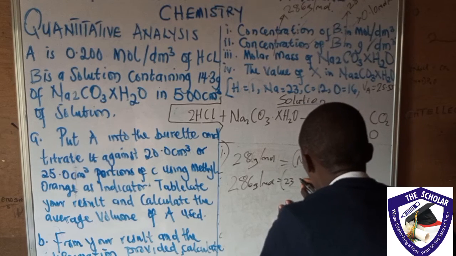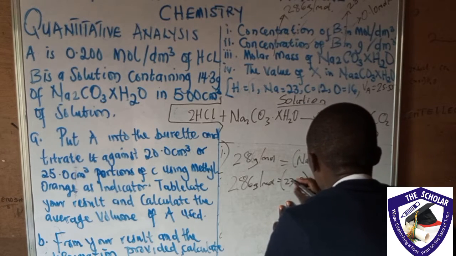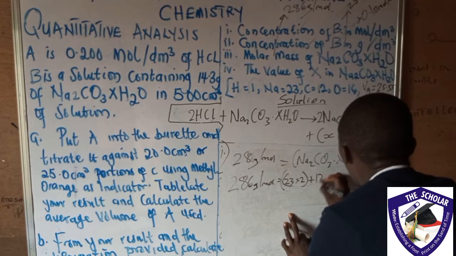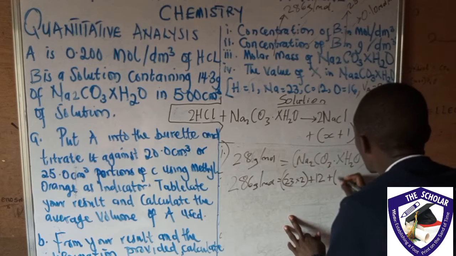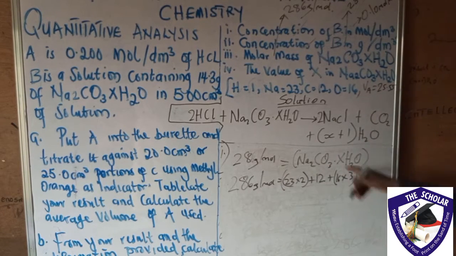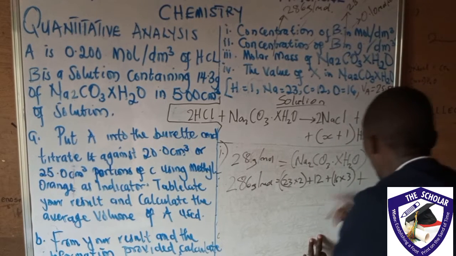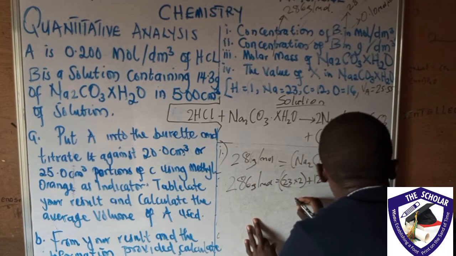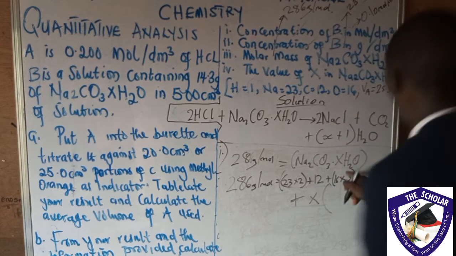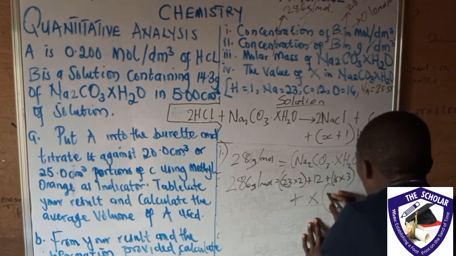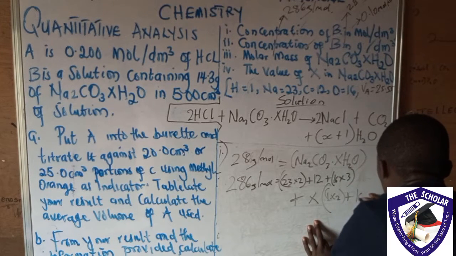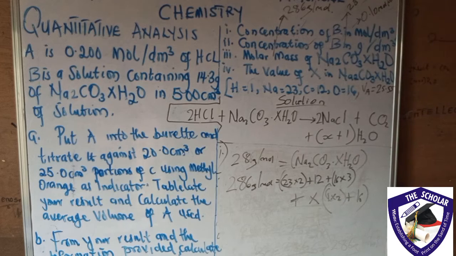So we have 23 times 2 plus our carbon, which is 12, plus 16 times 3, plus our X. Let me come down here and write it. Plus our X times H, hydrogen, 1 times 2, plus oxygen, which is 16. Are you with me?